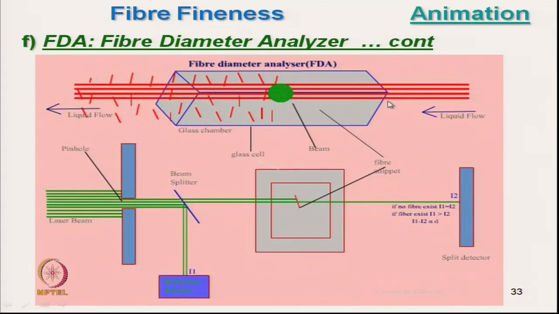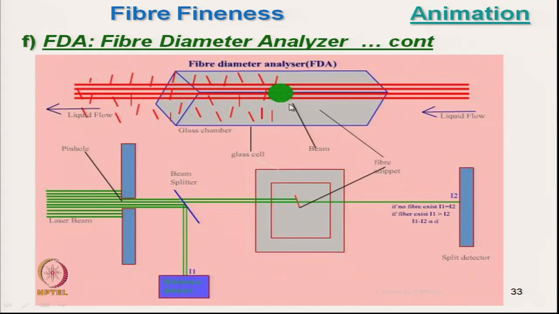Now, as the fibers move away and are counted, when a fiber crosses this light beam, it refracts and scatters light, and that intensity of light is recorded and compared with the reference value.